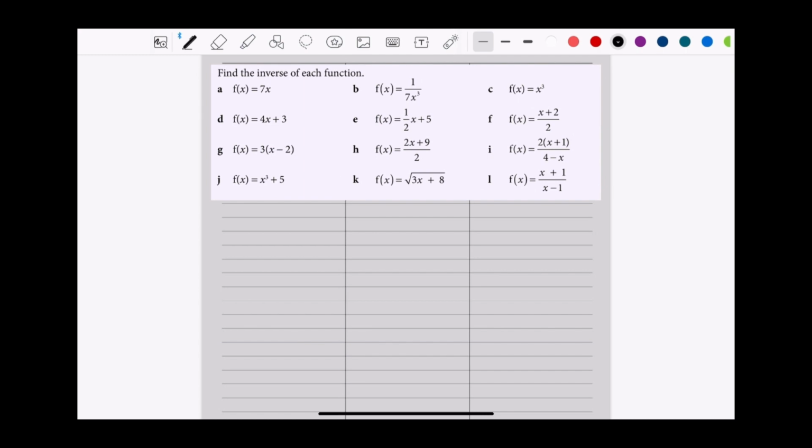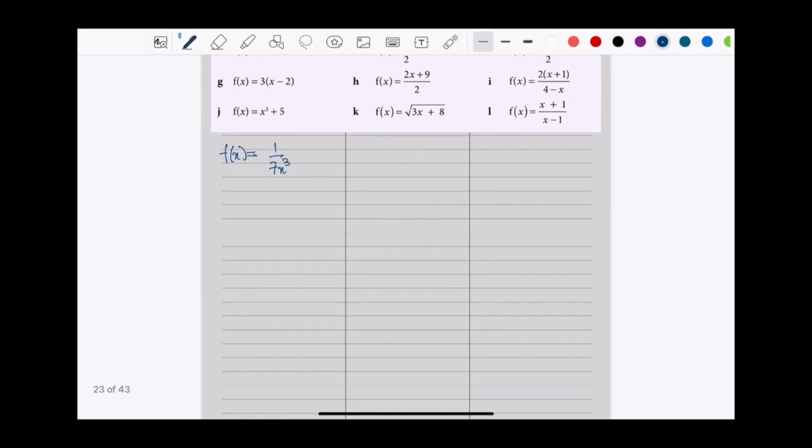Let's look at some of the questions here, to find the inverses of each of the following. I'll solve some selective questions which I feel are challenging. So f of x is equal to 1 over 7x cubed. Your step 1 is going to be to make this y, and shift the other side.